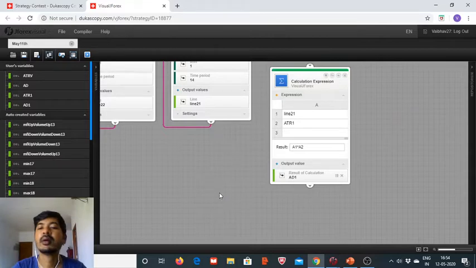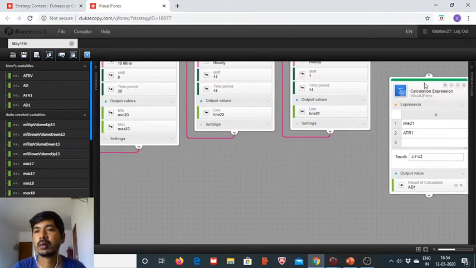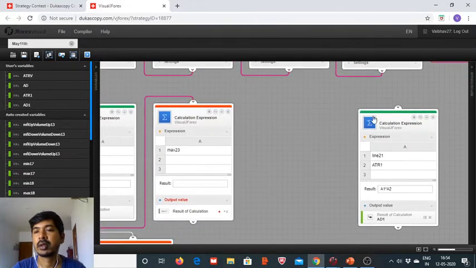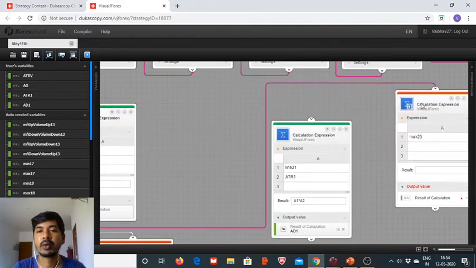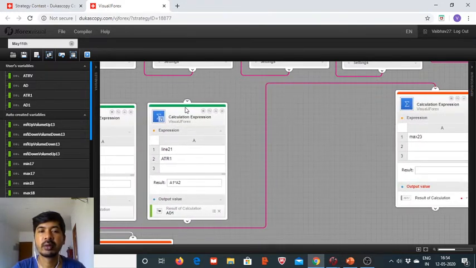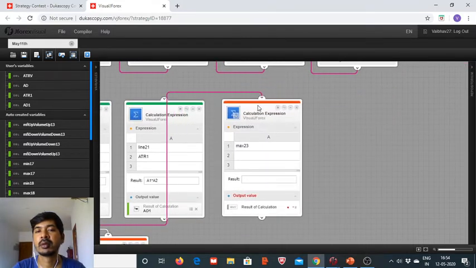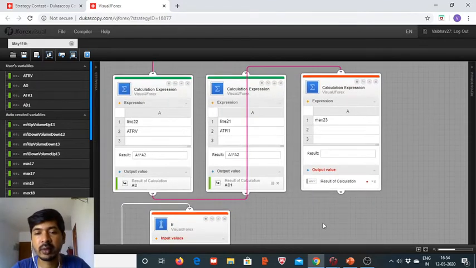Okay. So this will be the 50% of the ATR, and we need to put this one first, and then this difference.